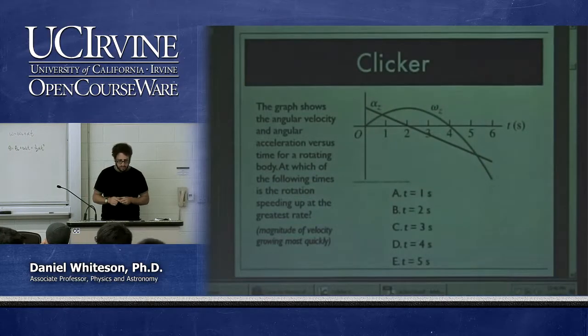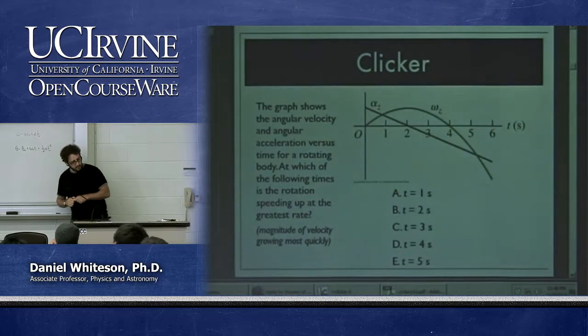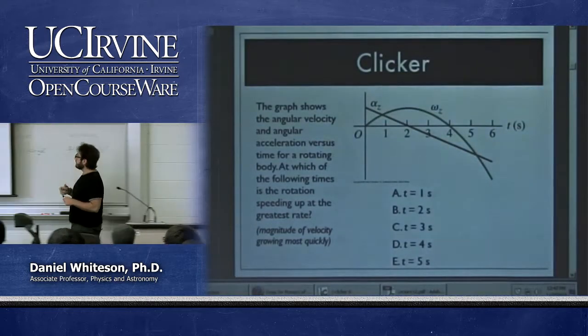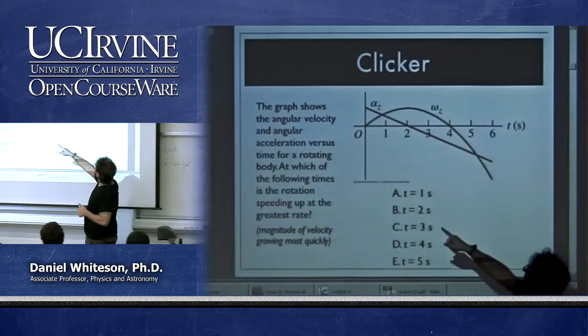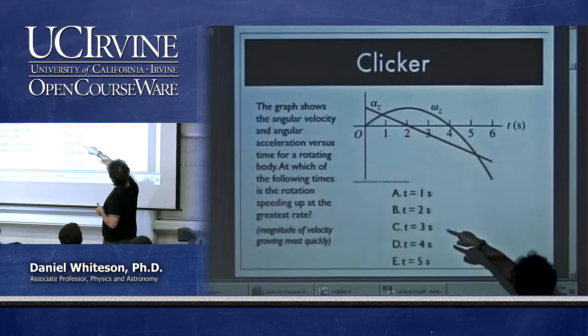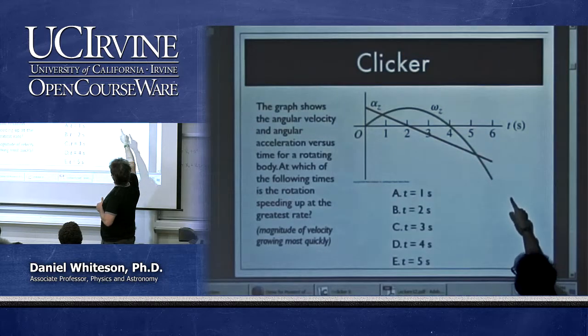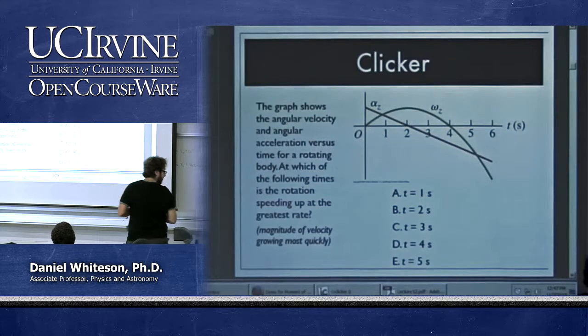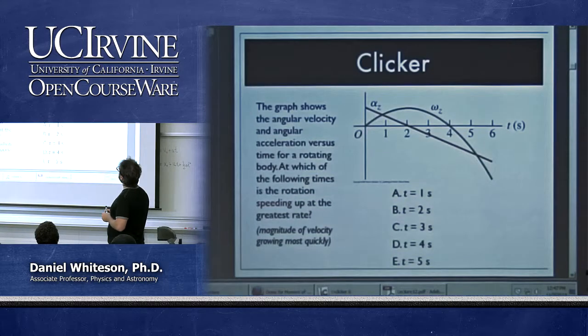So, let's look at this question. It says, the graph shows angular velocity and acceleration versus time for a rotating body. At which of the following times is the rotation speeding up? So let's think about what's being shown. The axis is time. There are two things plotted. The green is the angular velocity, and the alpha is the angular acceleration. Right?